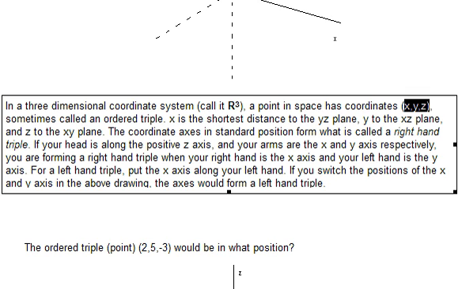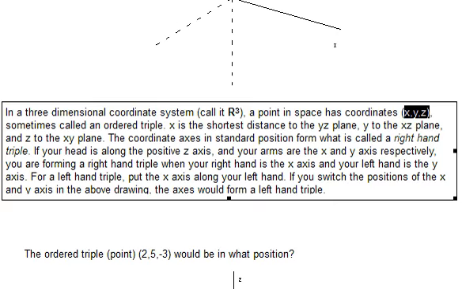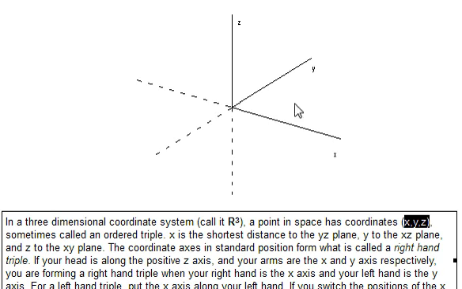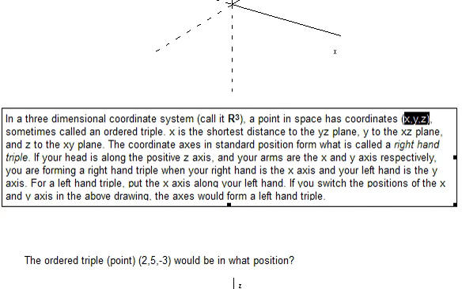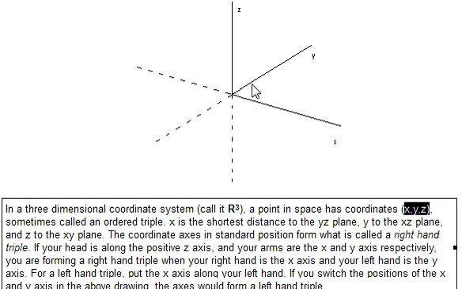Okay, so the ordered triple, the point (2, 5, -3), would be in what place in this three-dimensional space? Well, x is 2, so I'd count out here 2 units. Y was 5, so I count out here 5 places.